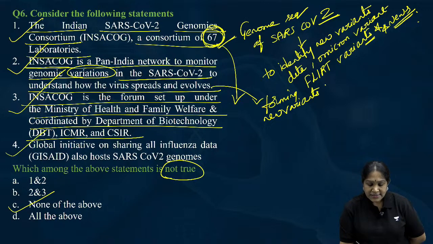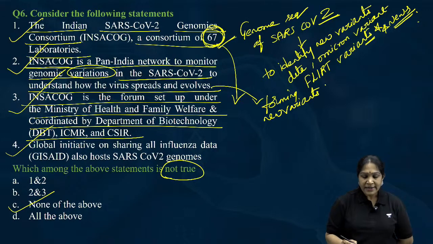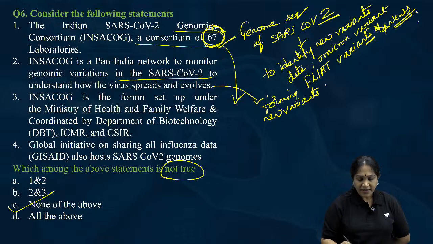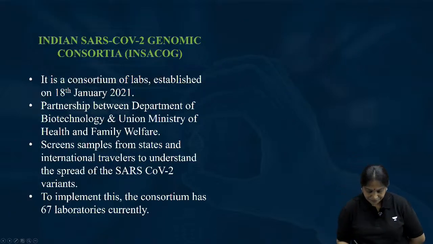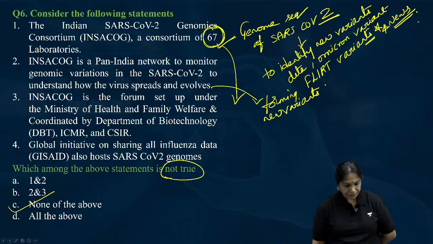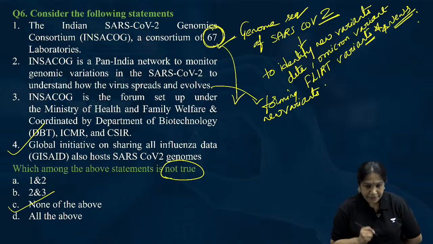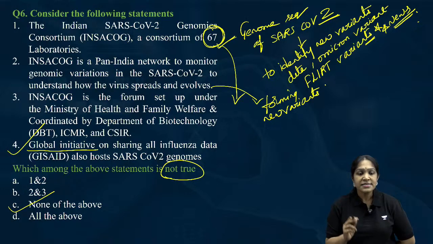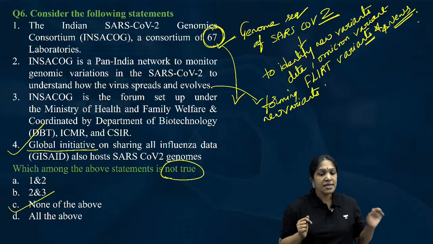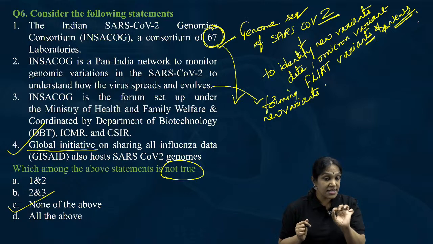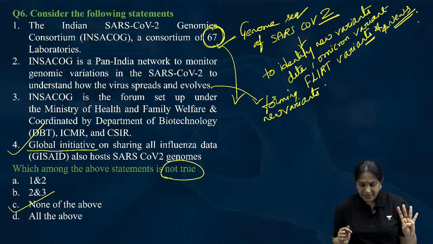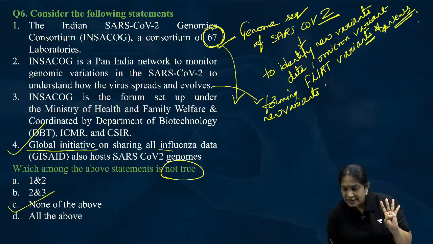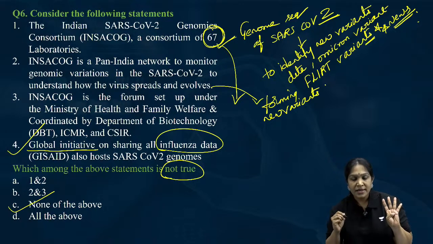Next, look at this statement clearly. Read the statement clearly. GISAID, global initiative, is the same as INSACOG. INSACOG is Indian, but GISAID is global. Is the first difference clear? Second difference. Okay, sharing influenza data.